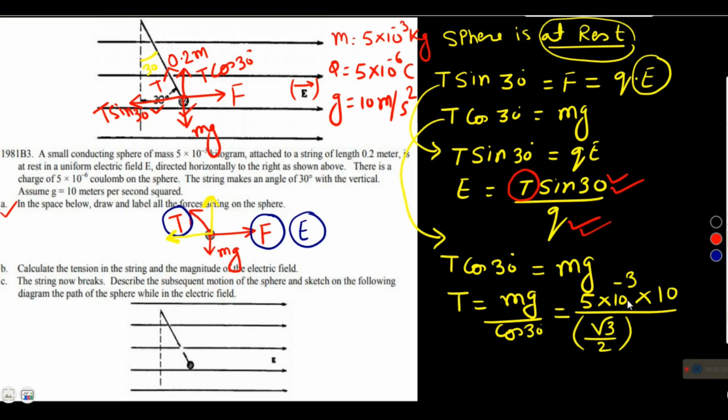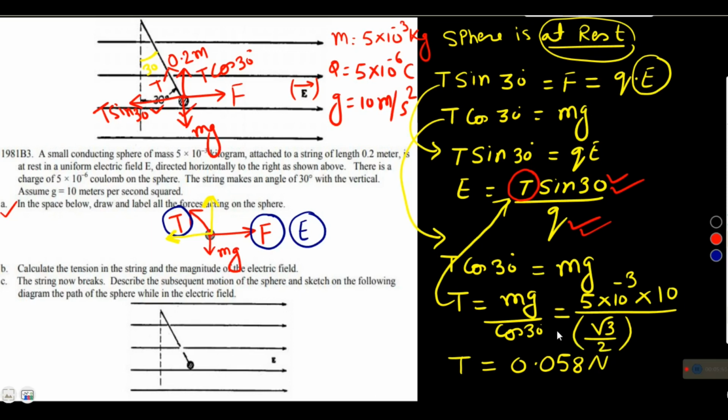So from this we can put the value of T in the above equation, right? We have to put the value of T in this place, right? So after all calculation, you will get the value of T equal to 0.058 Newton, right?